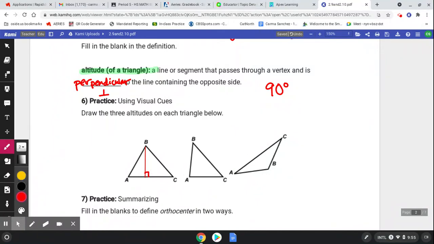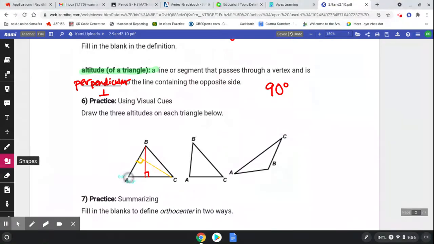So this time we're going to notice that it's not going to create a centroid right in the middle of the triangle. This time in drawing it straight down and forming these right angles, it is going to create an off-centered point of intersection.